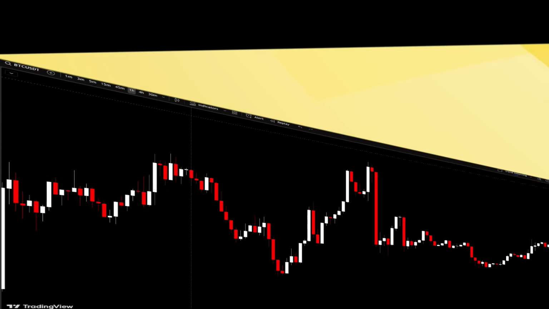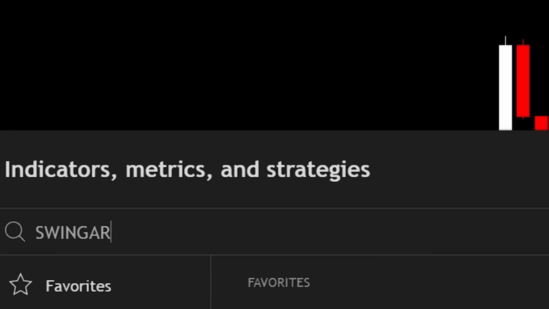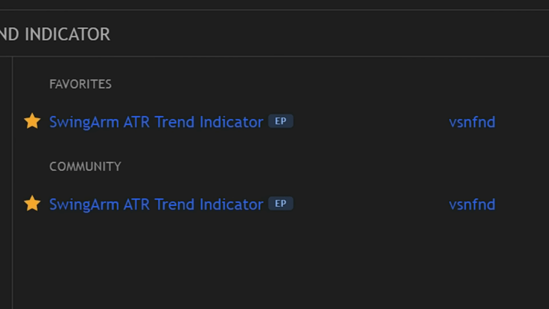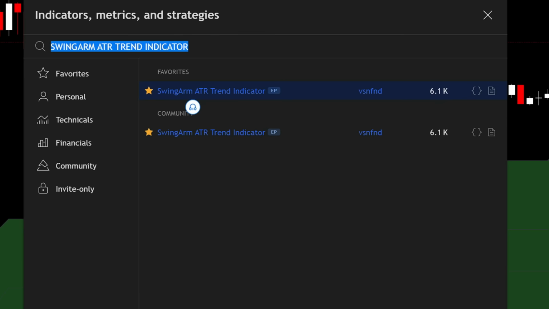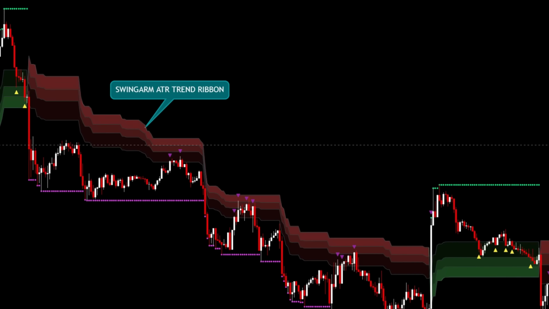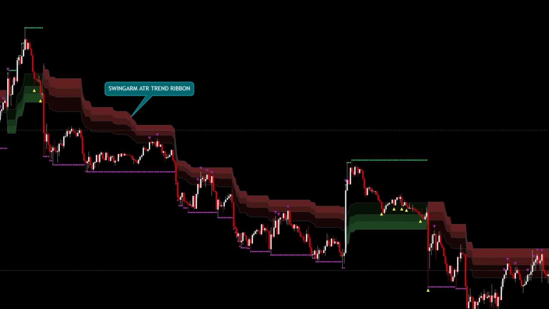Just like before, search for it in TradingView and drop it on your chart. Once it's added, you'll see a ribbon across your chart, the Swing Arm ATR Trend ribbon.